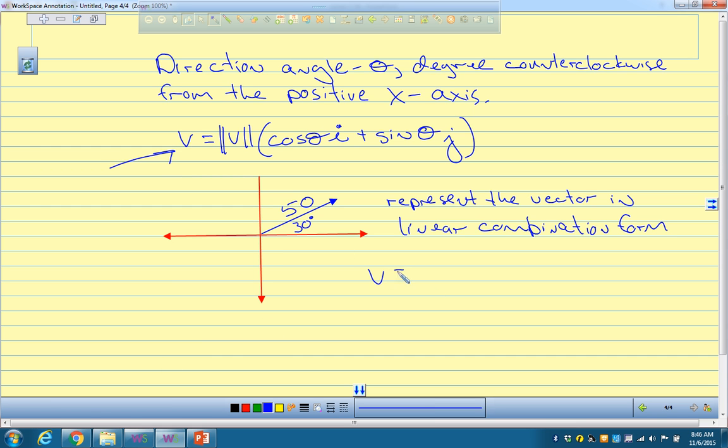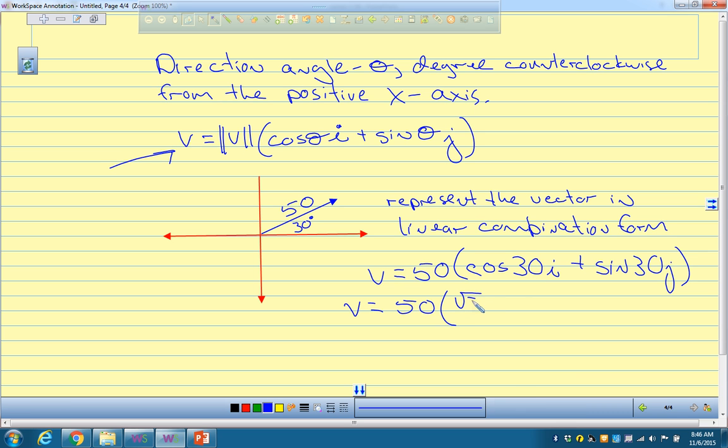And you get that v is equal to, well, if it's being thrown at 50 miles an hour, what's the magnitude of this vector? It's just plain old 50, right? And then theta is what? Theta is 30, okay? So cosine of 30 in the i direction plus sine of 30 in the j direction, right? And this is how they launch rockets and stuff like that. So v is equal to 50. Who knows what the cosine of 30 is?